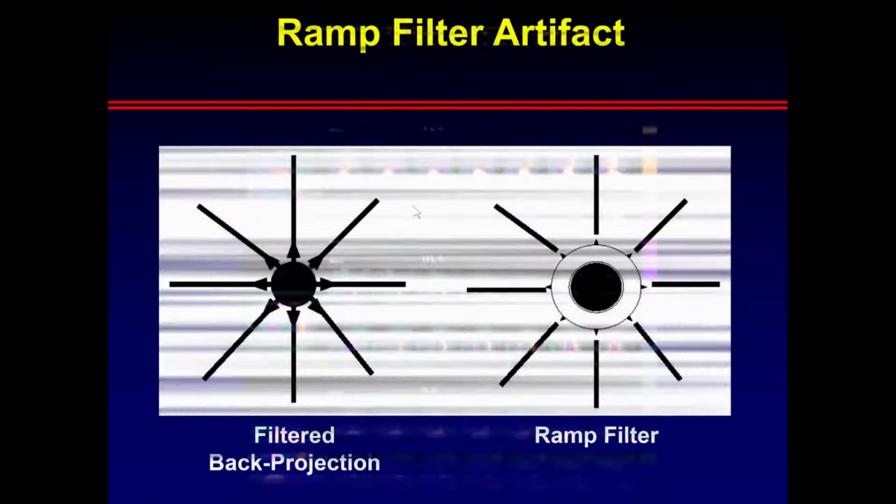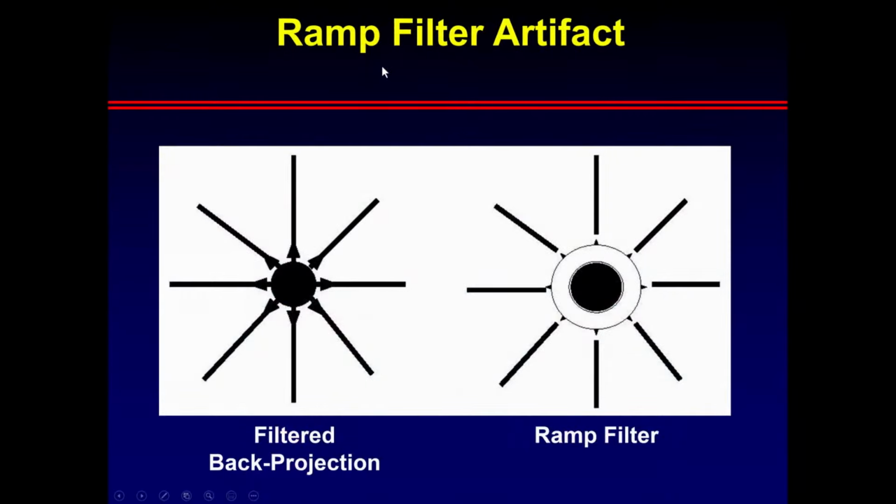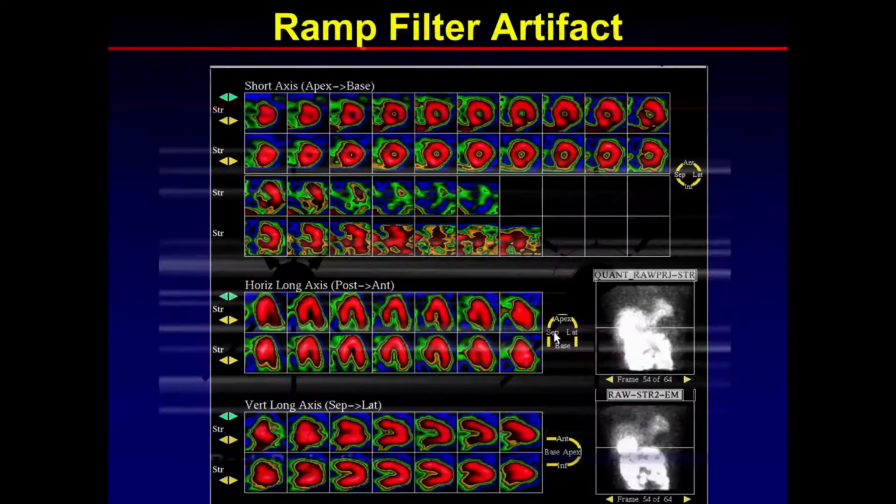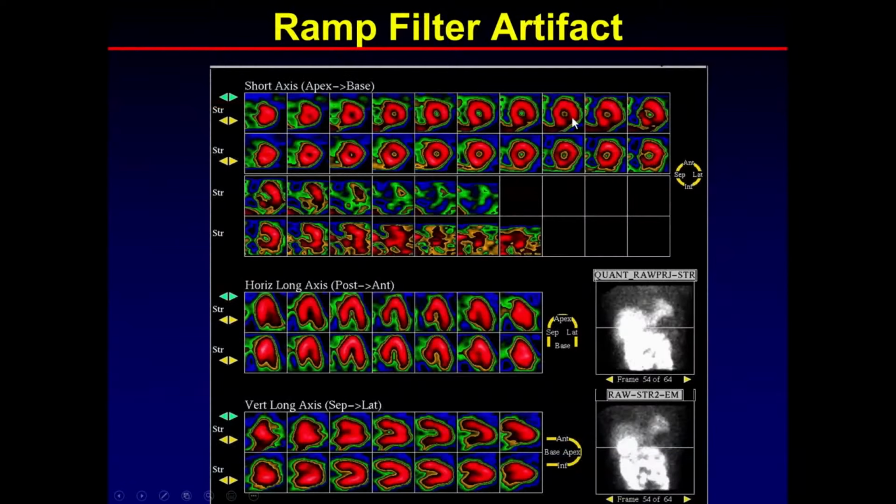Okay, ramp filter artifacts. We use the ramp filter quite frequently on our filtered back projections. And the ramp filter was initially designed to improve image quality by eliminating some of the activity or noise around the point source itself. But unfortunately, when gut gets in the way, you can actually cause attenuation artifacts from a ramp filter by eliminating these counts with adjacent activity.